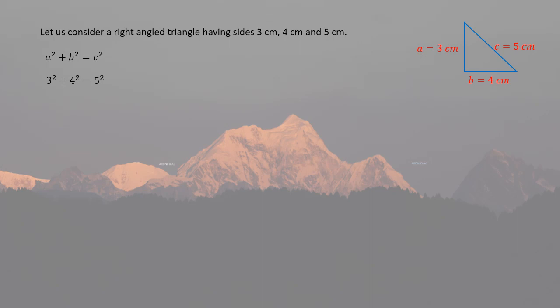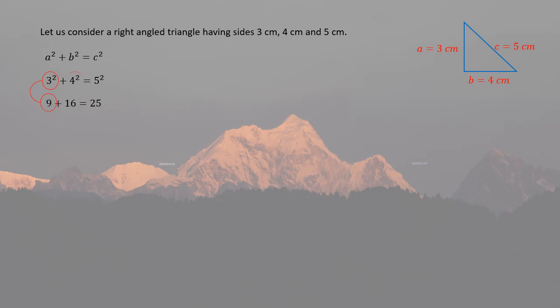When we say these numbers satisfy the Pythagoras theorem, we actually mean that a square plus b square, which is on the left hand side, should be equals to c square, which is on the right hand side, meaning these numbers should be equal in both LHS and RHS.